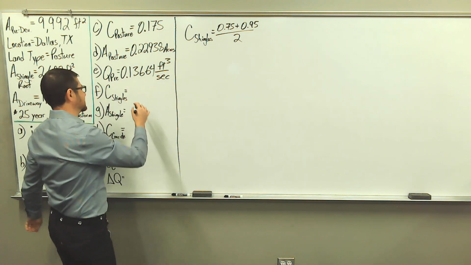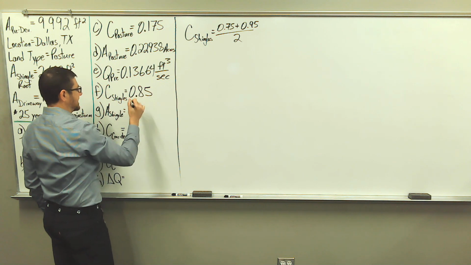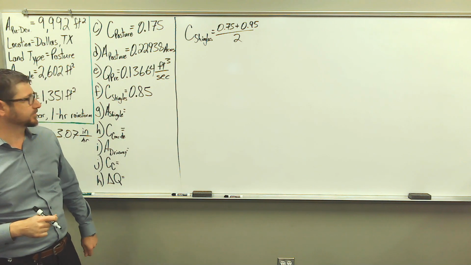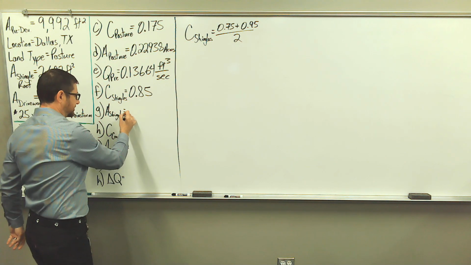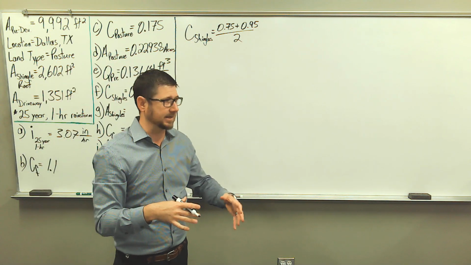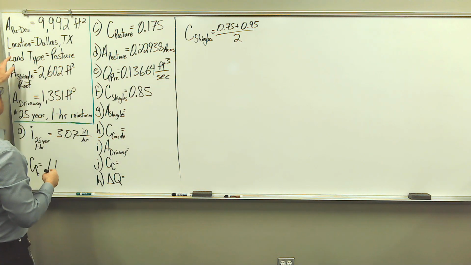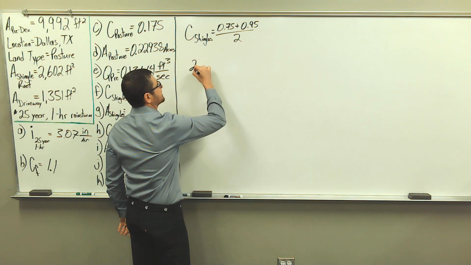This will give us 0.85, and this value is unitless. Now we need to calculate the area of the shingle, so this will be the area of the roof that rain contacts when it rains. It's given to us as 2,602 square feet.